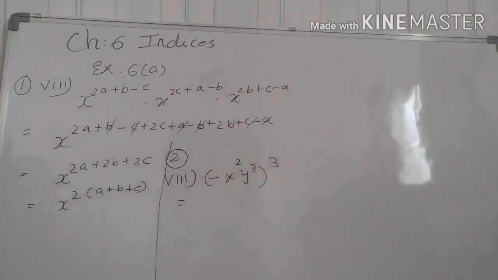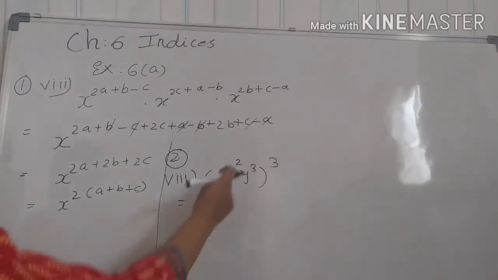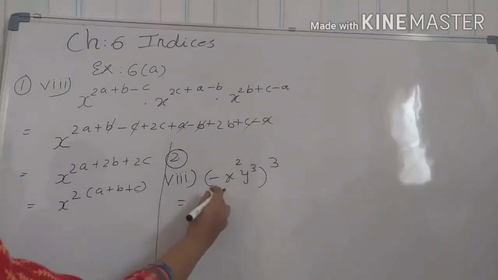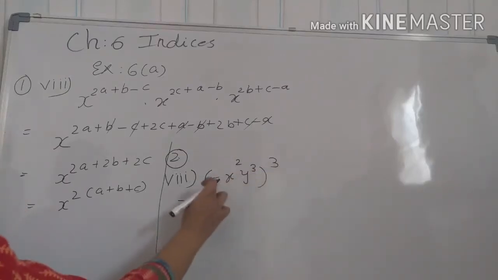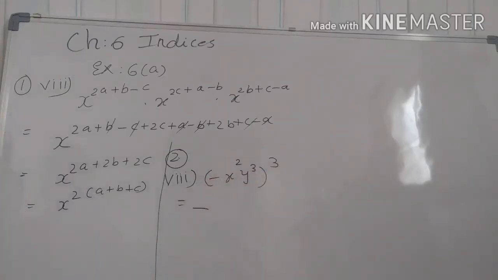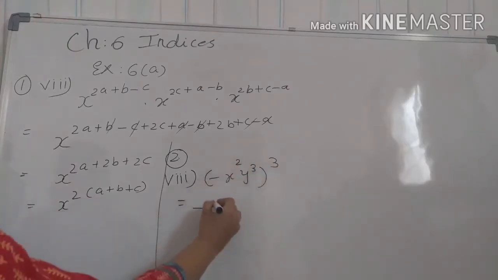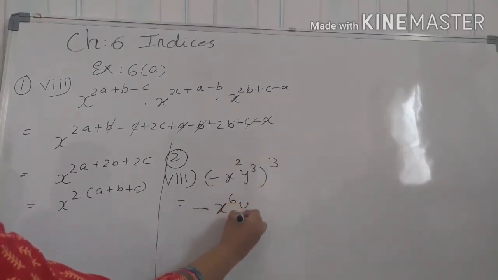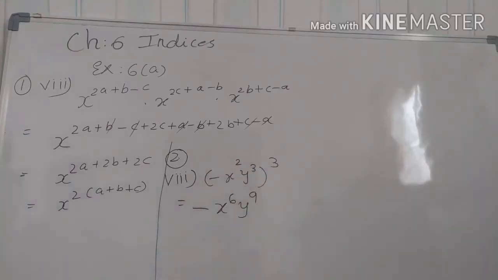So here students, first of all, two variables are there. So we will multiply separately, and there is cube. So odd power, the answer will be negative only. And this 3 2s are 6. So x raised to 6 and y raised to 9. This is what our answer.